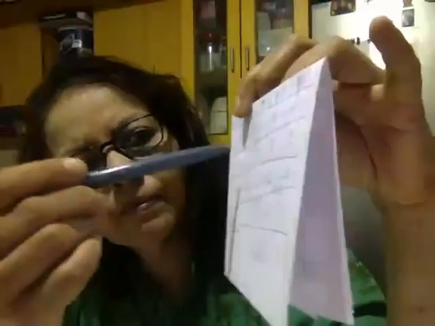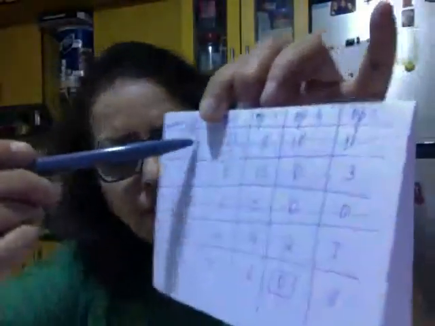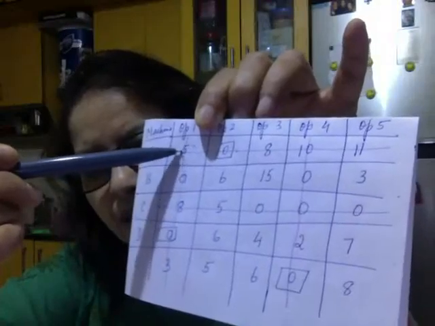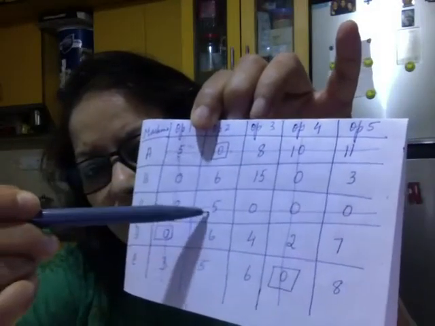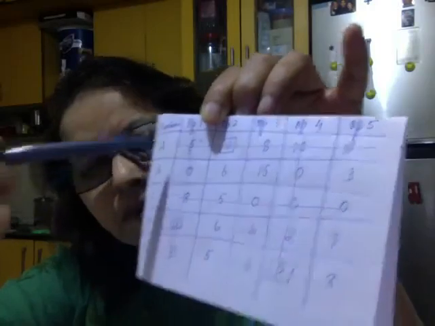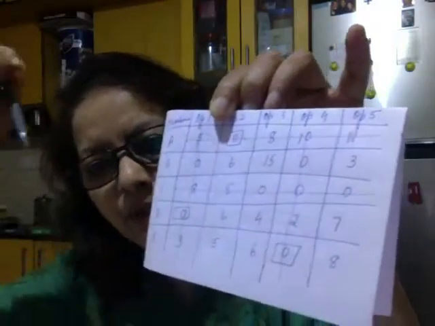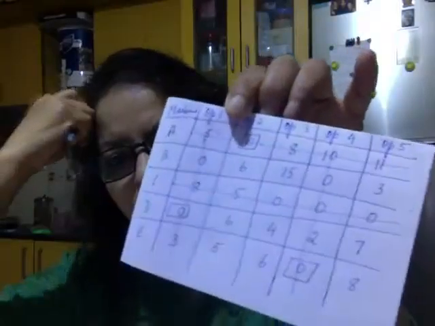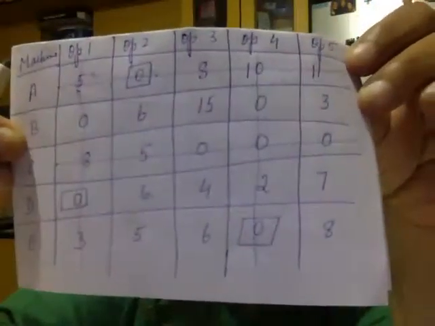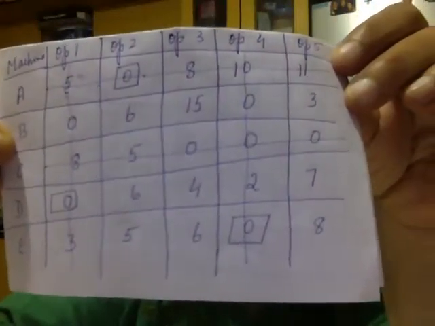You look at this one. Here 5 has 2 lines crisscrossing, so 5 is an intersection point. Sorry, 8 is an intersection point. 10 is an intersection point, that is A and operator 4. Then in C, 0 is an intersection point.